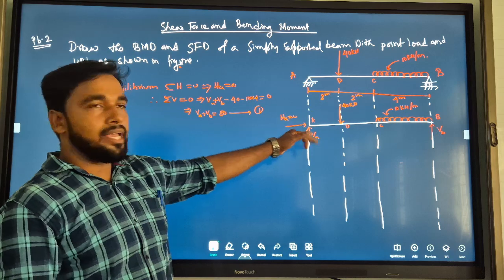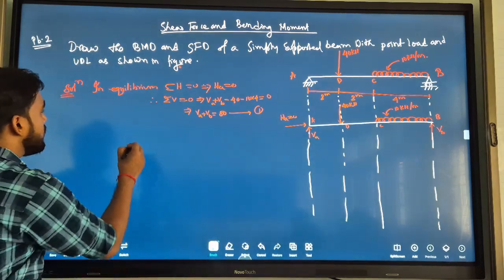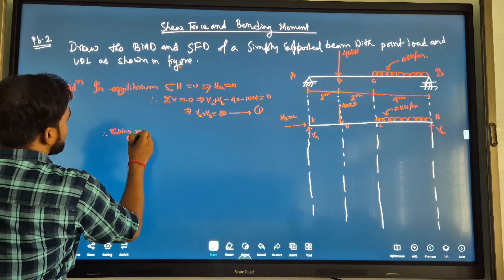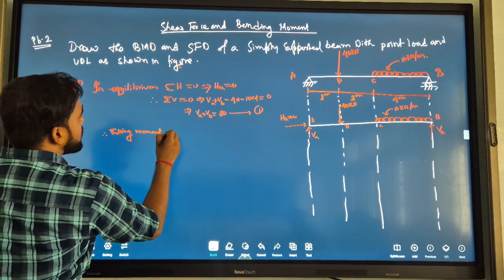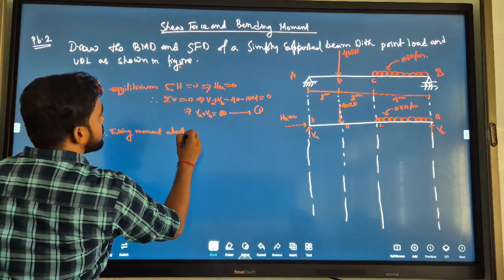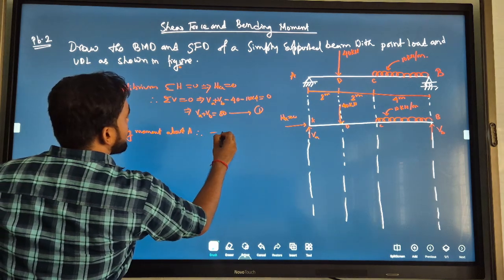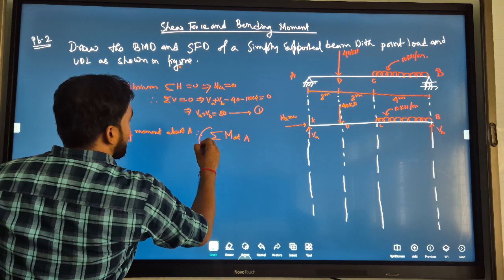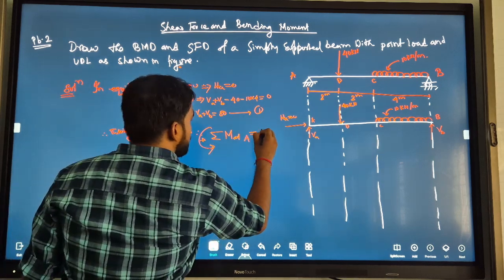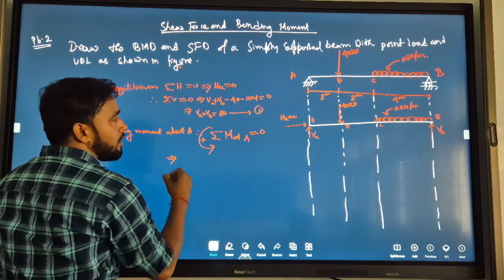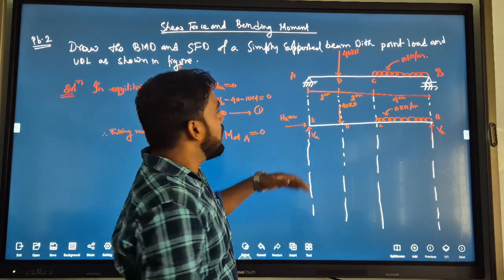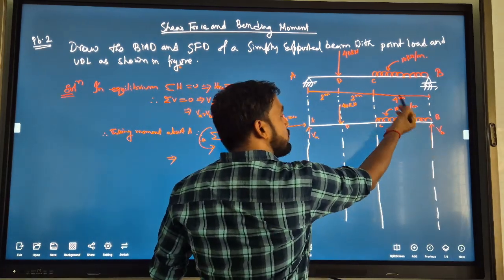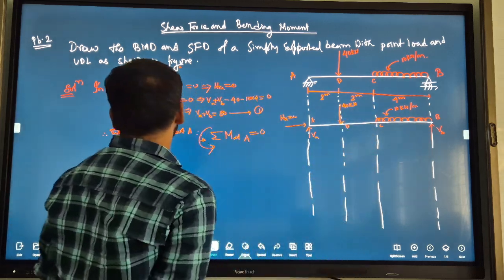Okay? Then the second condition, moment. Taking moment about A, summation of moment at A is equal to 0. Then the equation becomes: due to vertical force VB, moment will be anti-clockwise.